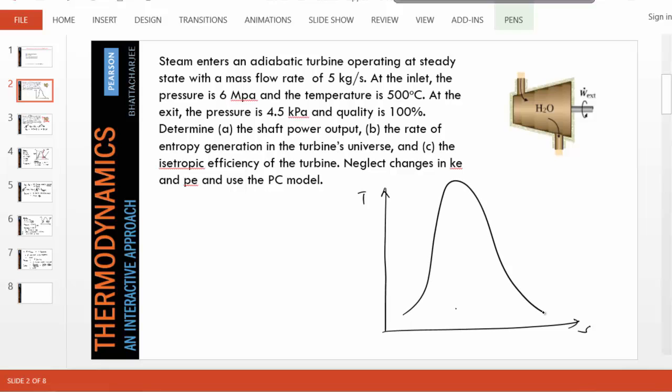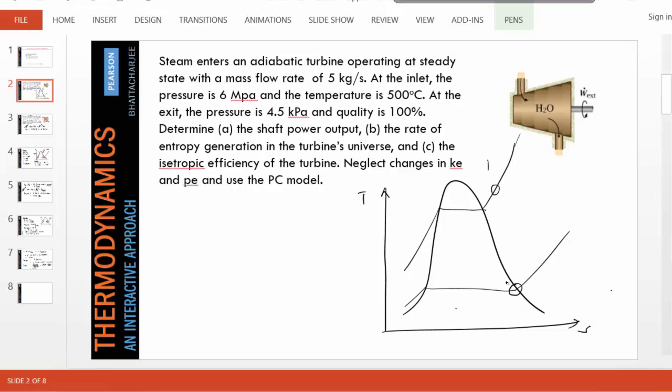There is a possibility of phase change, so I draw the dome, and the high pressure line, 6 MPa line, is here, and the low pressure line is, let's say, somewhere here. What is given is that at the exit, quality is 100%, so obviously the exit state is somewhere here, and let's say the inlet state is somewhere there.